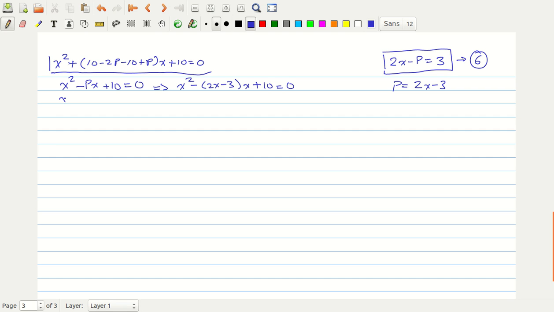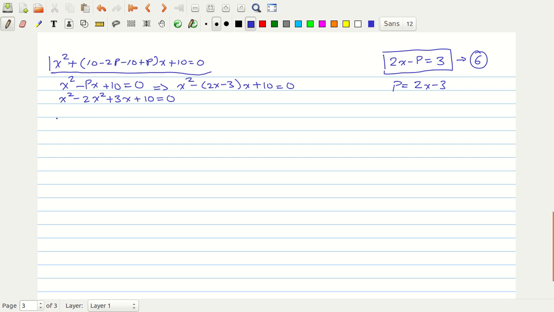So, x square minus 2x square, minus plus 3x plus 10 is equal to 0. Bring everything to the right hand side. So, x square minus 2x square is minus x square.